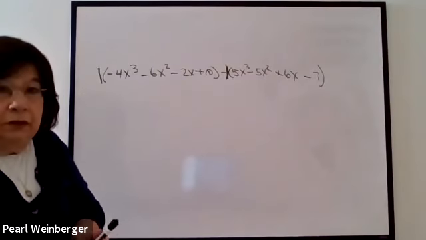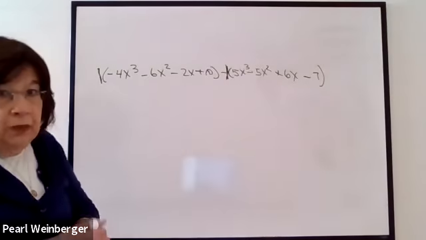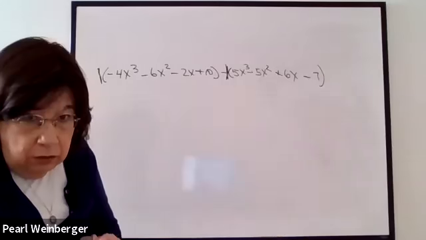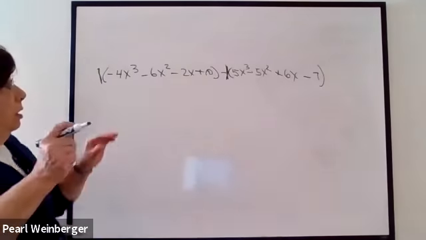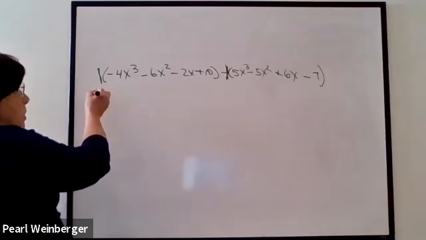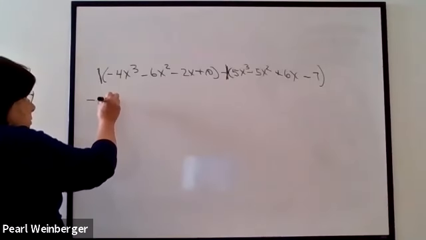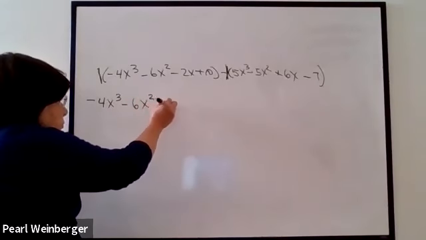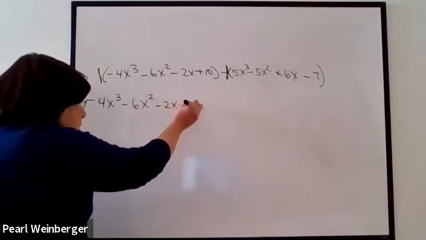Okay, I think we can start working on this. When I multiply by 1, it just stays what it was, negative 4x to the third minus 6x squared minus 2x plus 10.